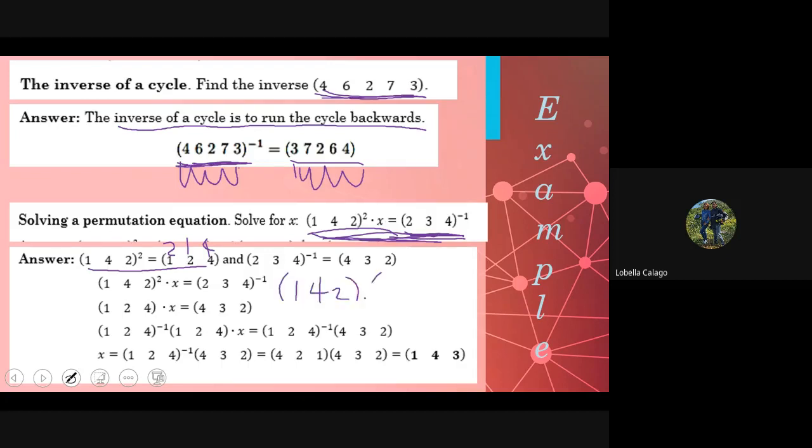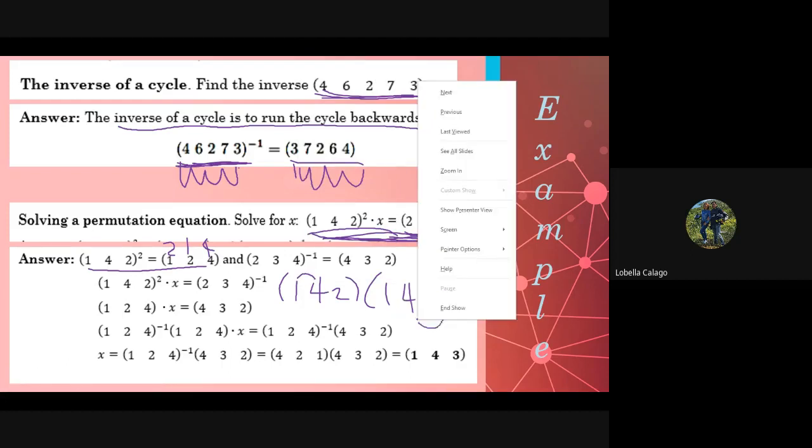Okay? Kasi dapat pag ganito siya, 1, 4, 2, 1, 4, 2. So, if 1 maps to 4, then dito 4 maps to 2. Dapat 2 siya mag-answer kasi siya yung dulo, hindi siya 1. Pero we will accept na lang muna. So basta pag (1 4 2) squared, ibig sabihin dalawang (1 4 2). So 1 maps to 4, then si 4 magmamap kay 2.